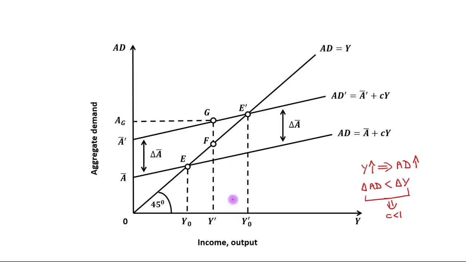The change in income required to achieve this new equilibrium point is this one, EP. You can say that EP, where E dash Q is change in A bar.